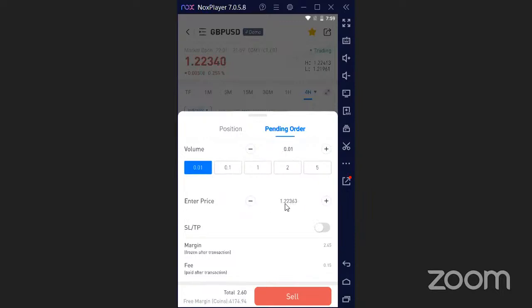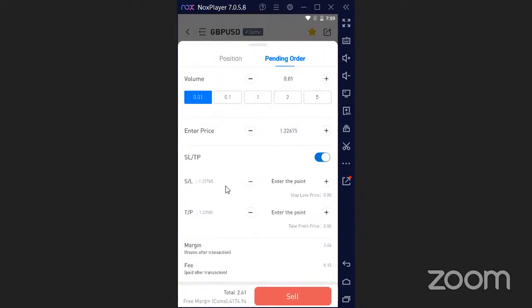So for our entry point, the entry point we wrote out is 1.22675. Yes, now we have our entry point. Then we have our stop loss and take profit also.